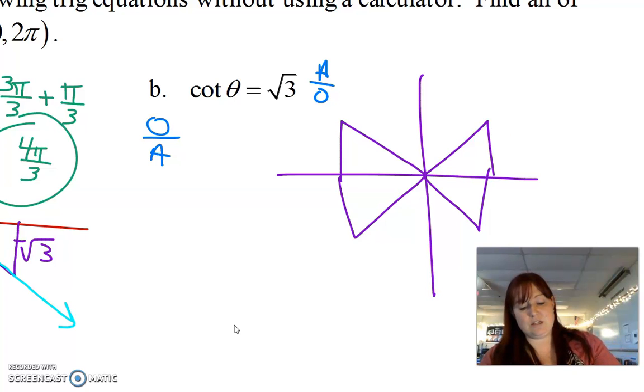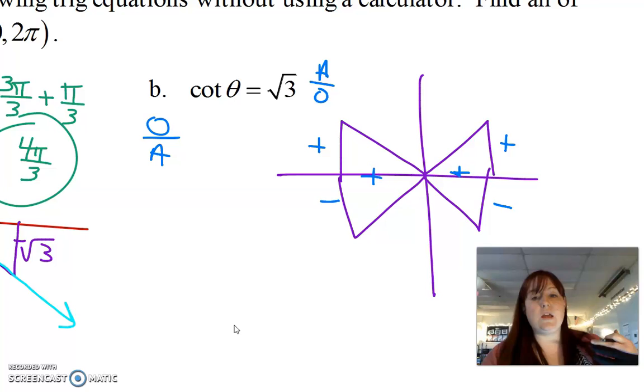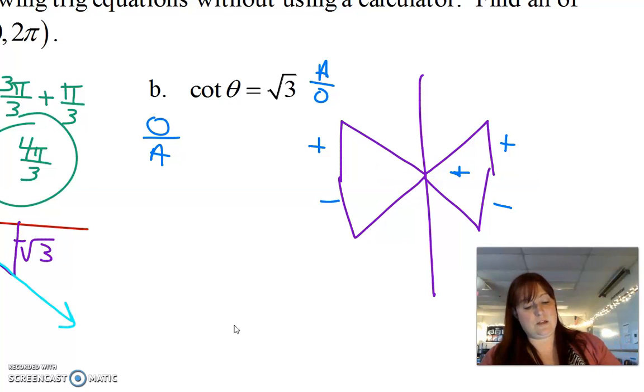So we look here. Adjacent is positive, and opposite is positive. Here we have negative, positive, this is positive, this is positive, that's negative. So that's not positive, that's negative. Goodness gracious, I'm trying to rush and it's not working. Okay, this is negative.